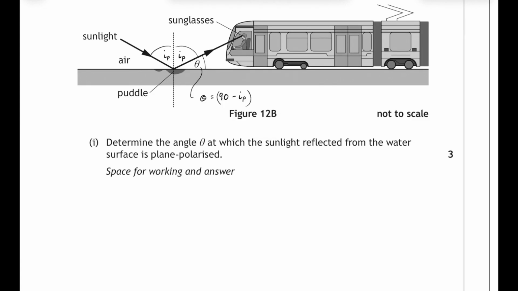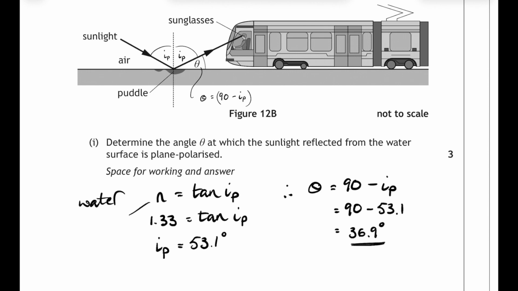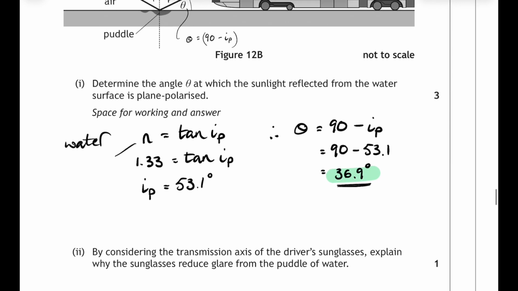And then we use our Brewster's angle relationship, n equals tan IP, where n will be the refractive index of water. And water's got a refractive index of 1.33. And if you shift tan 1.33, that gives you a Brewster's angle of 53.1 degrees. And 90 minus 53.1 gives you a theta equal to 36.9 degrees.